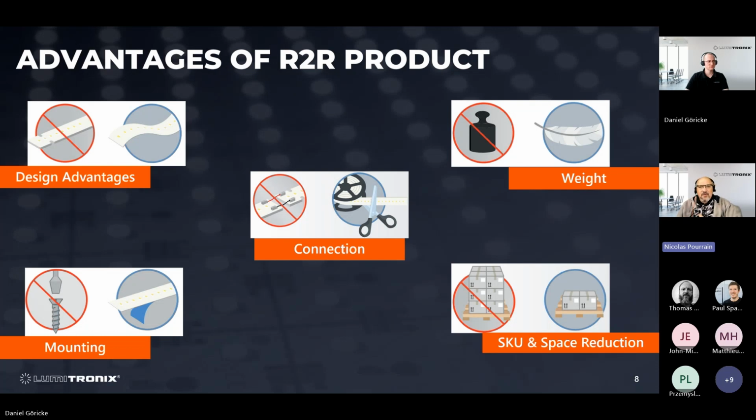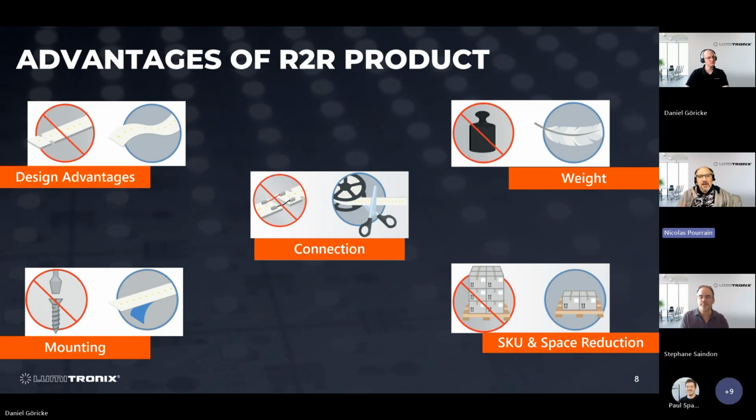There is another very interesting point about the mounting, because we are offering as an option adhesive tape on the back of the PCB. It can replace the traditional screw mounting, and this saves a lot of labor cost and manufacturing time.